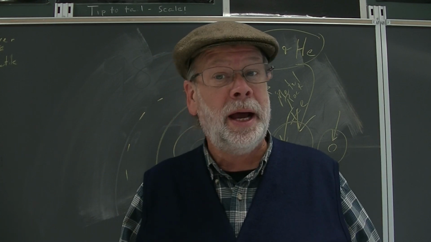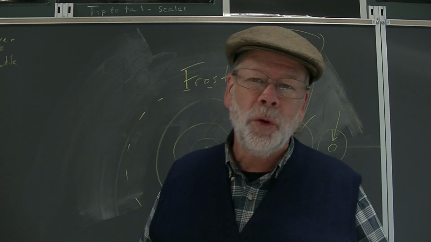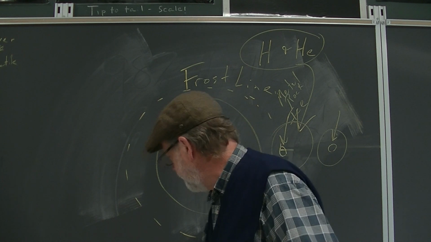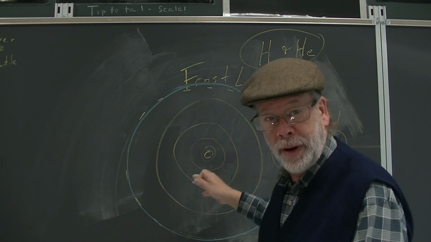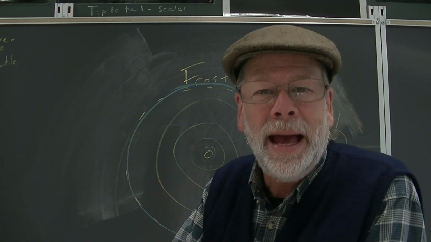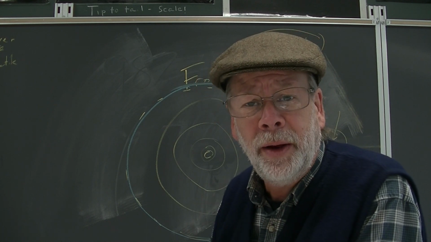So that's how the frost line caused the differentiation, the different parts of the solar system. Inside that all-important frost line, you have your 4 terrestrial planets. Outside the frost line, you have your gas giants. And it's suspected that the frost line had a whole lot to do with how that all worked.